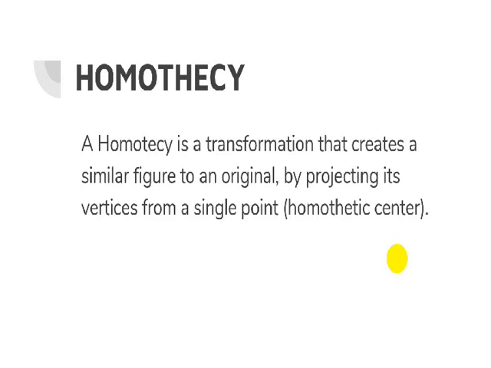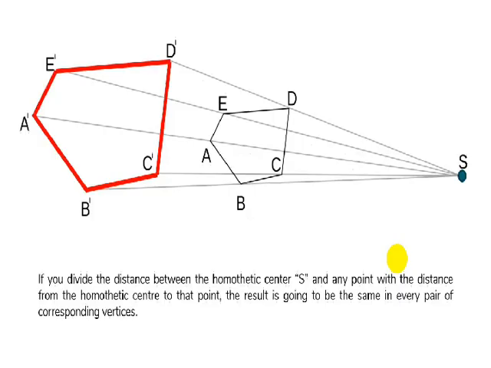A homothecy is a transformation that creates a similar figure to an original by projecting its vertices from a single point, homothetic center. Okay, well done, Joy. The word is similar. Similar figure. Okay, well done.